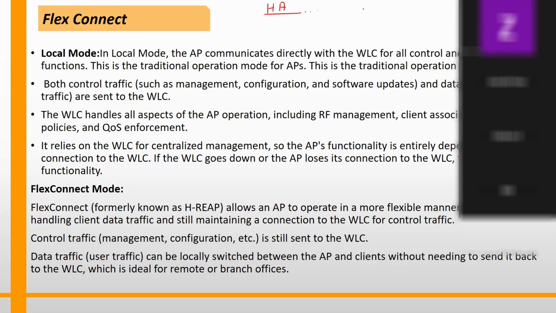By this time, we know the concept that when we have a 3504 or a 9800 WLC, or the latest 9800 L, which is the replacement for the 3504 appliance model, whenever we configure an AP, a lightweight access point, and add it to the WLC, this lightweight access point by default works in what mode?